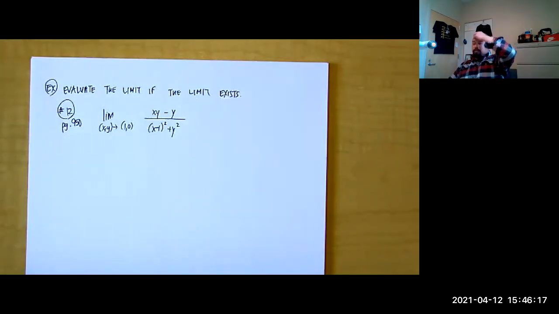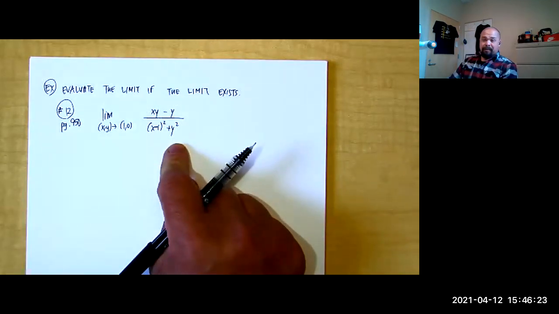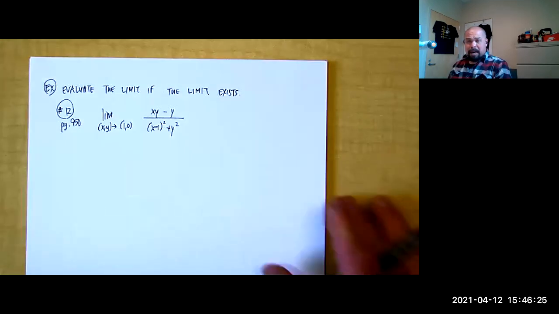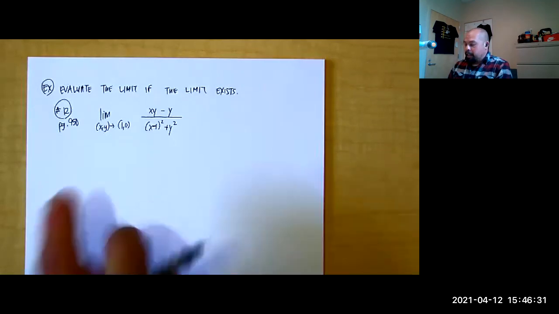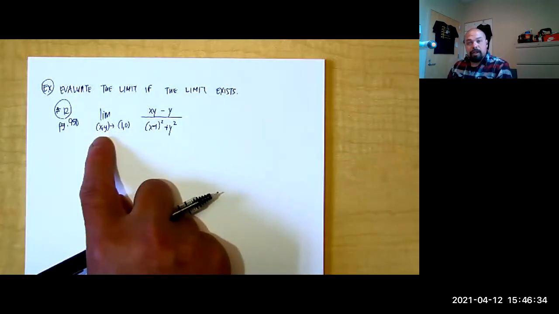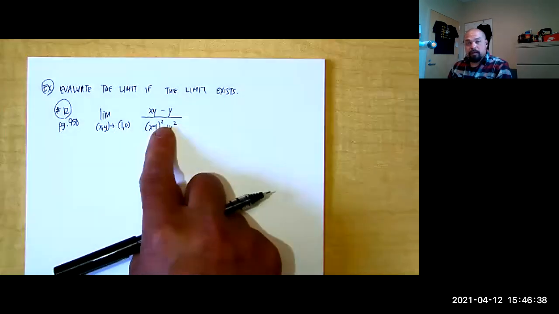So I'm not necessarily worried about what my function is doing at the moment. We could graph it, plug that into one of our online graphers and see what that shape looks like. But here, let's focus on this part. We're approaching 1, 0 for this function.